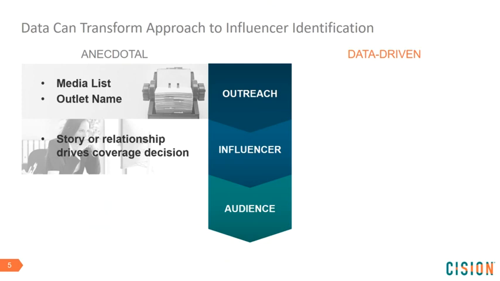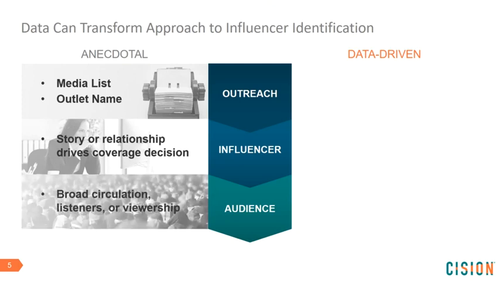For the influencer, their decision to create coverage is predicated on whether the pitch is newsworthy or if they trust that relationship enough with the communicator. And for the audience, the people that are reached are largely unknown. All the communicator really has to go on is vague circulation or viewership data that the media outlet publishes.